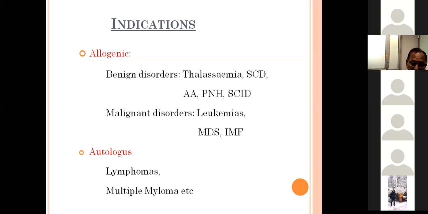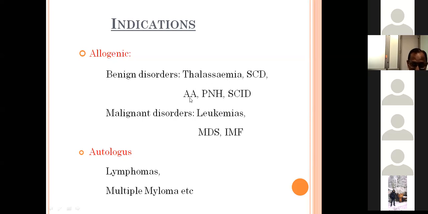Now, what are the indications of allo or auto transplant? Allo transplant, the main indications are thalassemia, aplastic anemia. Just remember this, thalassemia, aplastic anemia. Malignant disorders, the main indications are acute leukemia and MDS. MDS is myelodysplasia.